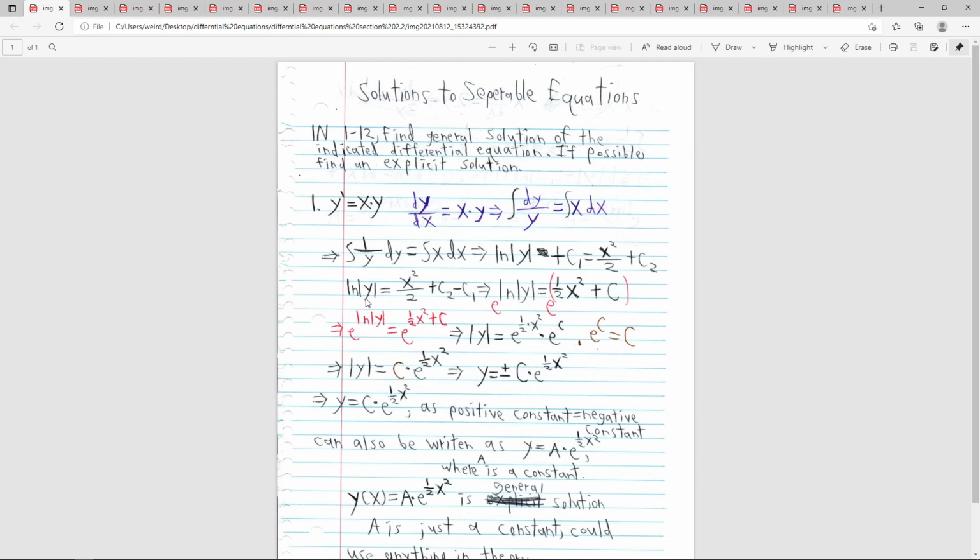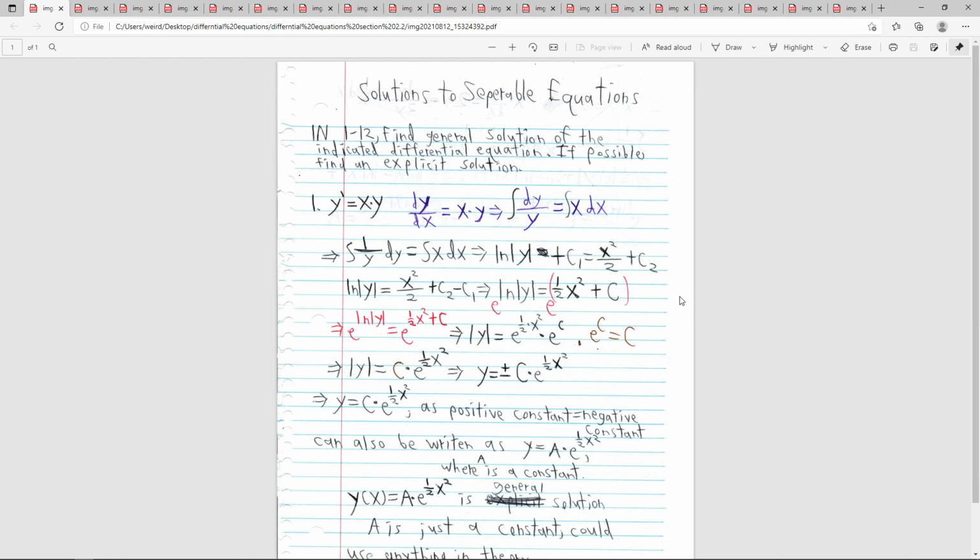Here's something that happens now. We have ln|y| equals x squared over 2 plus c2 minus c1, because we subtract c1 from each side. Well, c2 minus c1 is just another constant. If we subtract a constant from a constant or add a constant to a constant, it's going to be a constant. 5 plus 6 is 11, which is a constant. 10 plus 20 is 30, all constants.